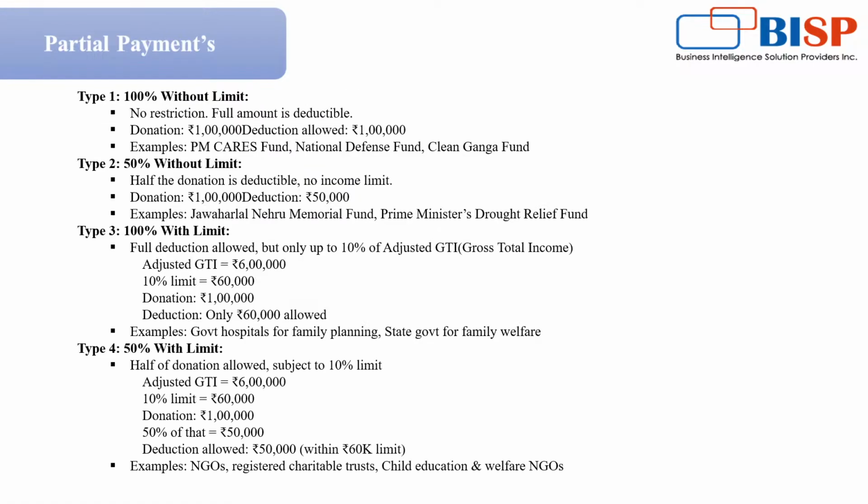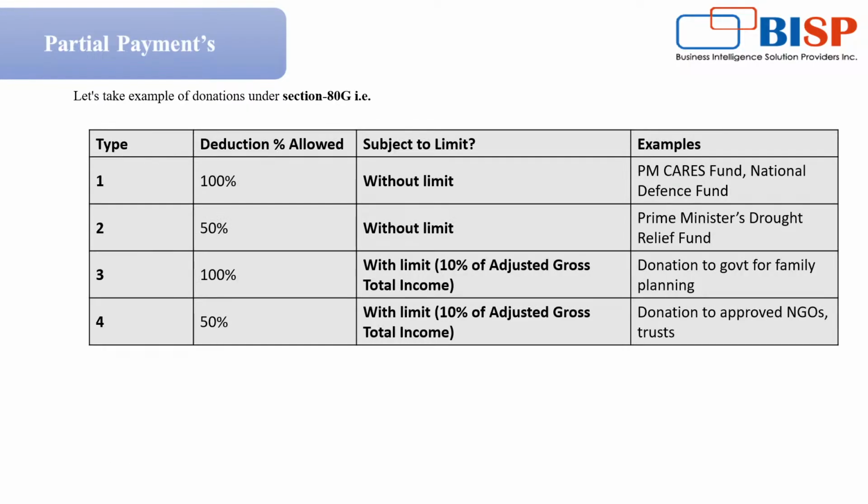Then we will come to our next page, that is partial payments. We will take an example of donation under the permanent or irreversible difference, right?